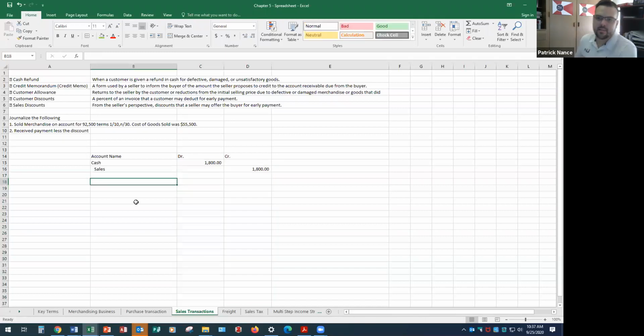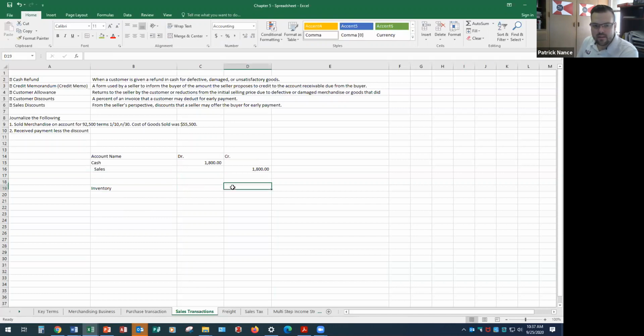But we're not done, because when I sell something in a merchandising business, I'm selling an actual physical item that I owned prior to this, which means I need to also show that I no longer own this item. So I need to get rid of it from my inventory. Well, inventory is an asset, so I'm going to credit the inventory account, but it has to tell me. In future chapters, we'll do the math ourselves, but for these chapters, we're going to tell you how much that inventory cost you.